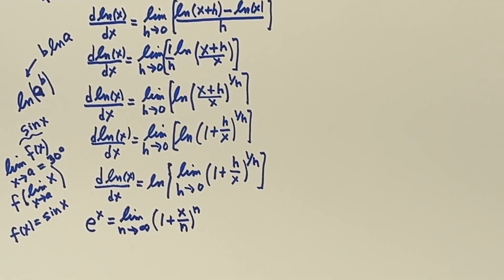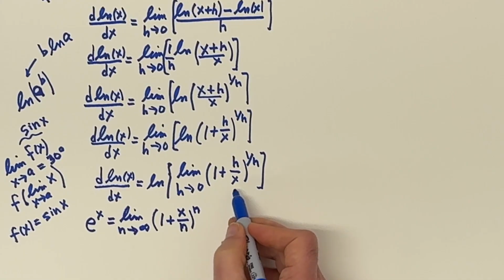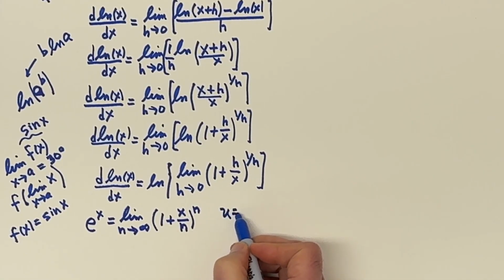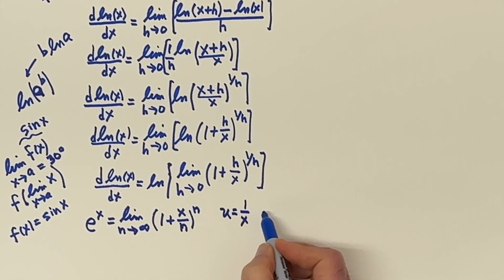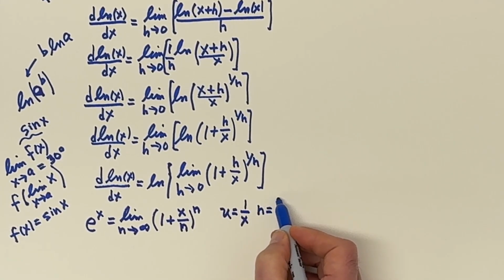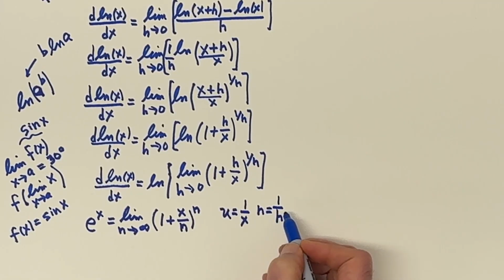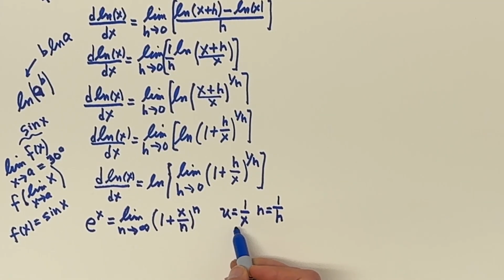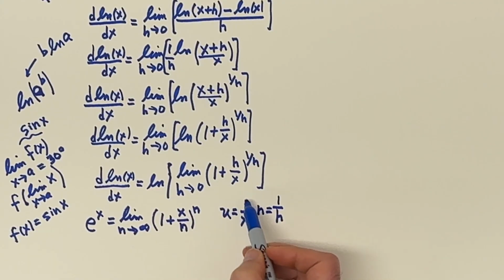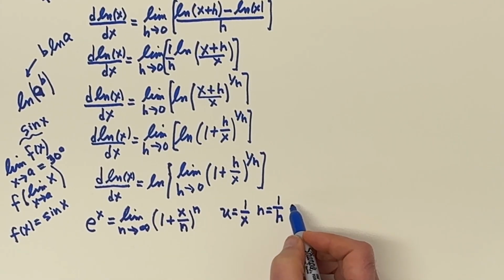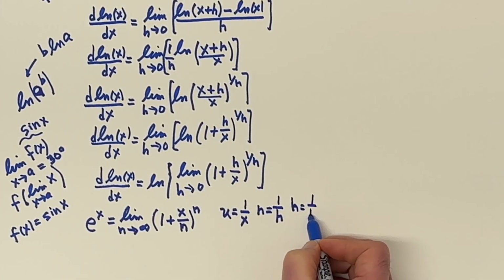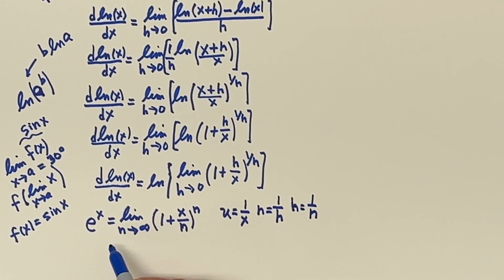So what I would like to do is let u be 1 over x and let n be 1 over h. This way, 1 over x, I can put the u in there, and this also says that h is 1 over n. When I make those substitutions, I need to remember that when h goes to 0, n goes to infinity.